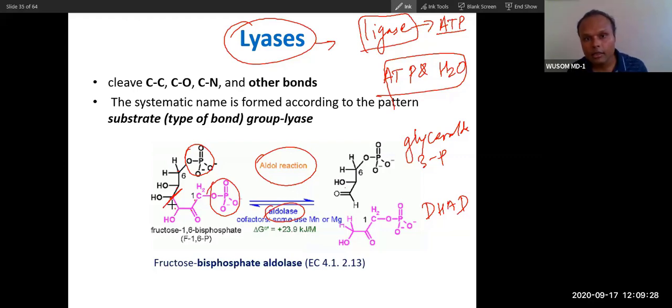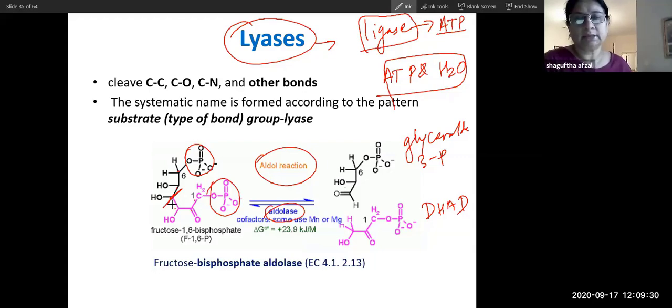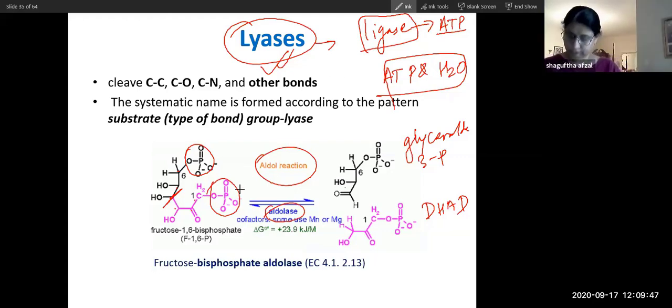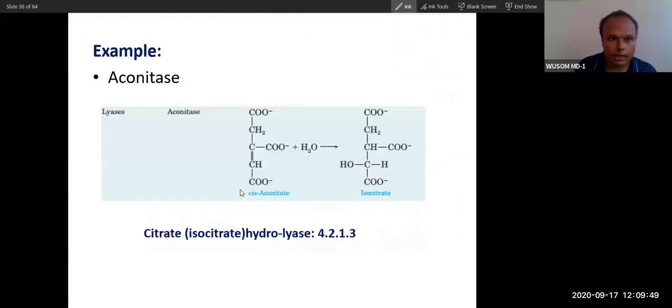Did you get that? So is lyase basically reversible or irreversible? Yeah, reversible. Lyases can be reversible, but ligases are irreversible. Okay, got you. So now let's see this.